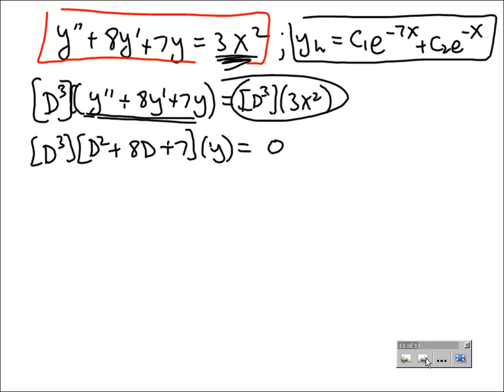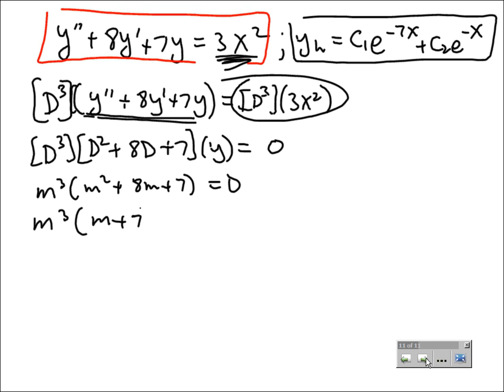Okay. Now we write the corresponding auxiliary equation. Instead of D, you write m. You have m cubed times m squared plus 8m plus 7 equals 0. M cubed you can't factor, so we can factor the other bracket. m plus 7, m plus 1.